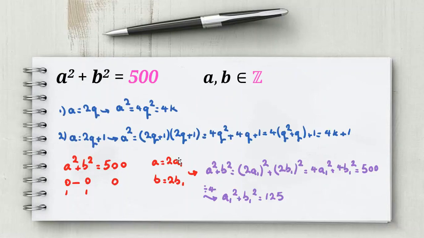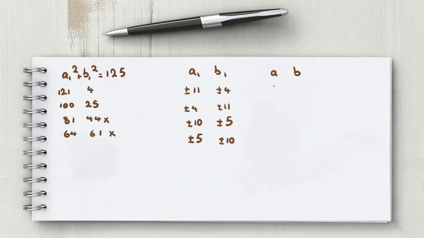A and B are twice a1 and b1. So if we write, let's multiply by 2: plus minus 22, plus minus 4, plus minus 4, plus minus 22, plus minus 20, plus minus 10, plus minus 10, plus minus 20.